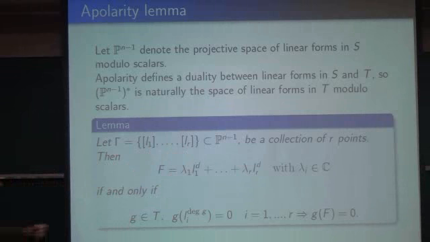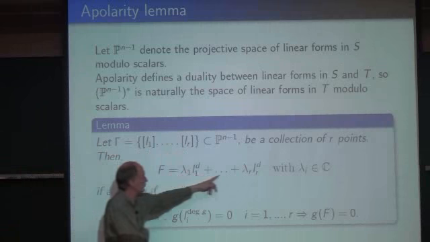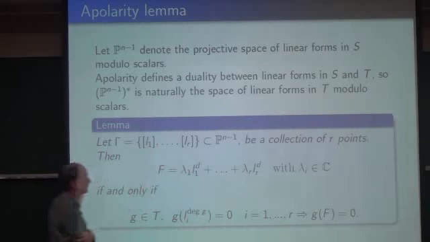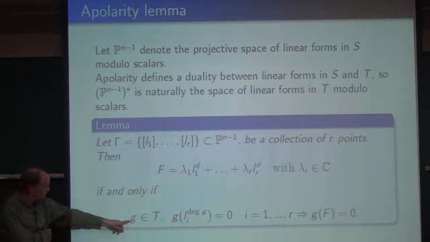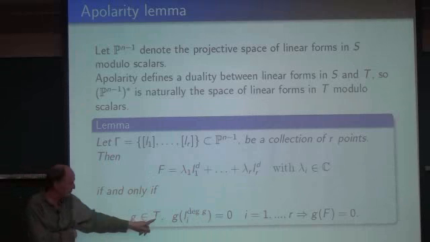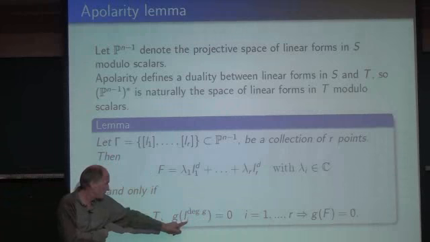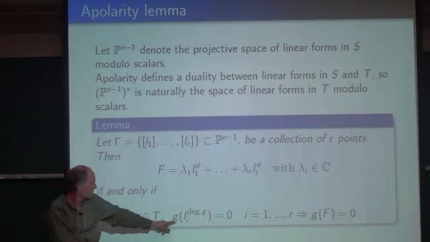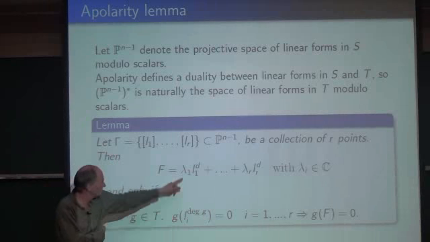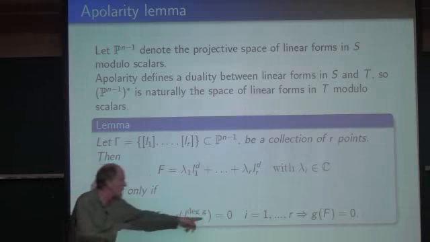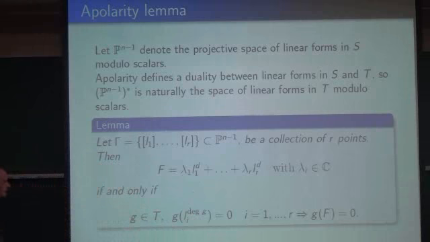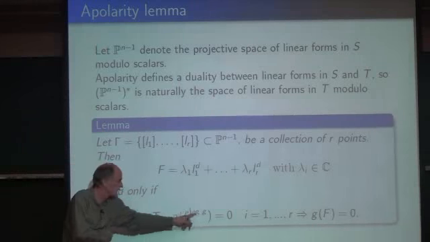then f can be expressed as a linear combination of those linear forms if and only if every polynomial g in T that, applied to these L_i to the degree of g's power, is 0, so they eat them, so to speak, they kill them.